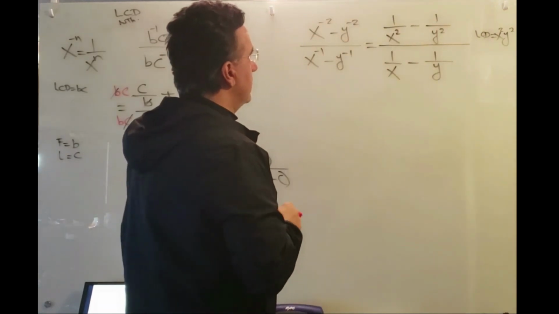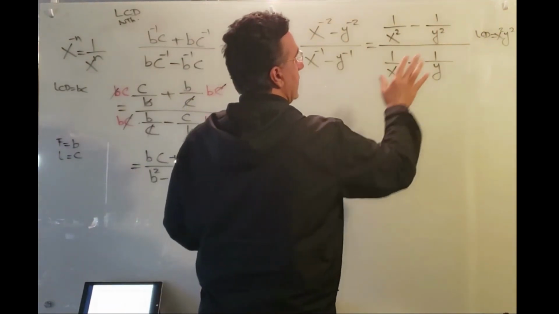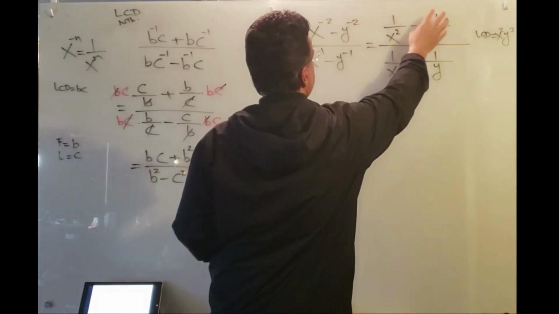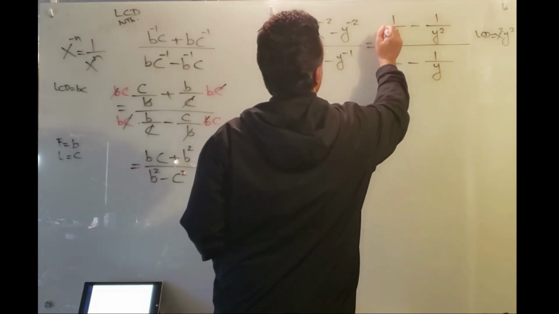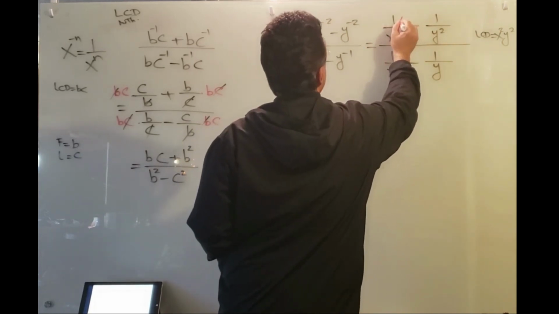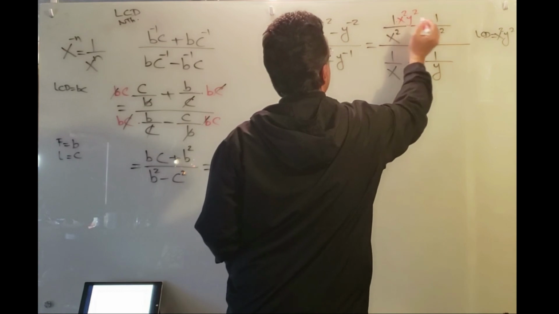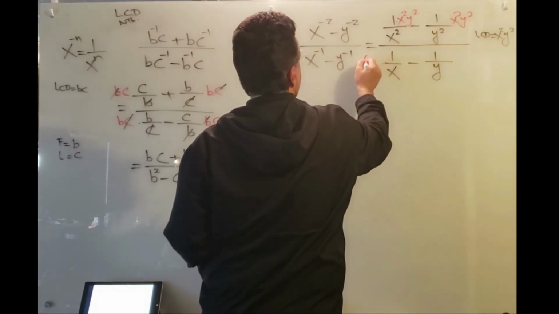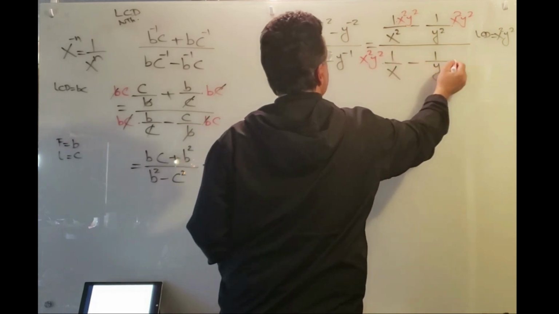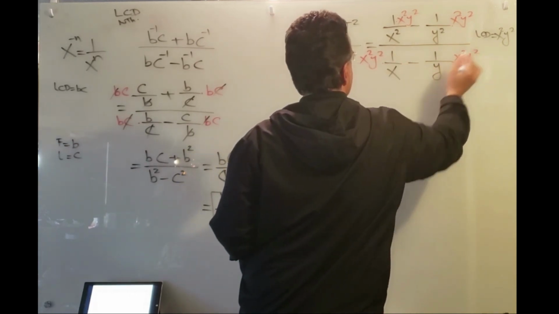Okay, so we're going to end up with multiplying x squared, y squared by 1, 2, 3, 4 terms because of distribution, right? So times x squared, y squared, times x squared, y squared, times x squared, y squared, times x squared, y squared.